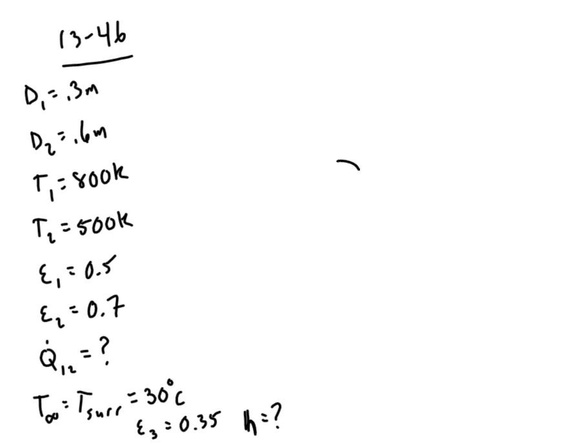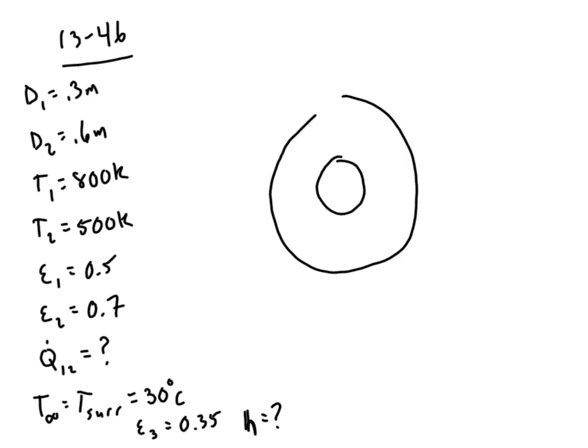We have a sphere within another sphere. So this is sphere 1. This is surface 2. And we'll say the outside we'll call 3.